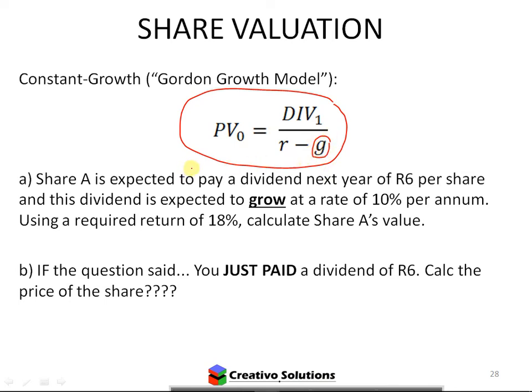Right, so share A is expected to pay a dividend next year of 6 Rand per share, and this dividend is expected to grow at a rate of 10%. Using a required return of 18%, what is share A's value? What do I do? Correct. Okay, next year, meaning div 1. So equals 6 over 0,18 minus 0,10 gives you what answer?